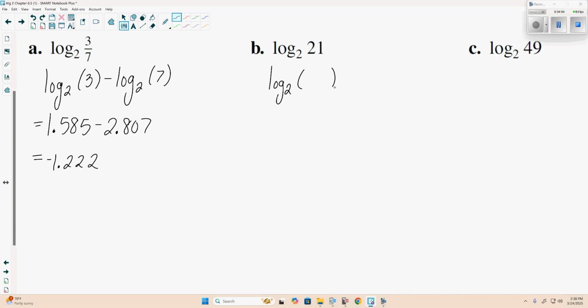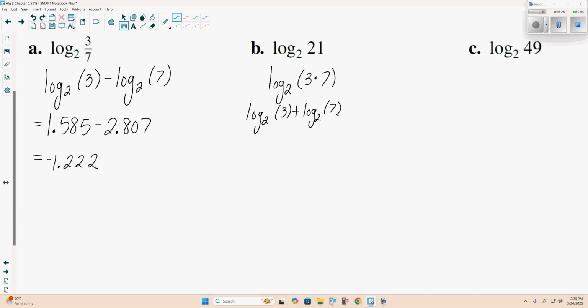Now log base 2 of 21. Well, we can use 3 and 7. We can say 3 times 7. And if we have a product of two or more numbers inside the log, we can rewrite it as a sum of logs.